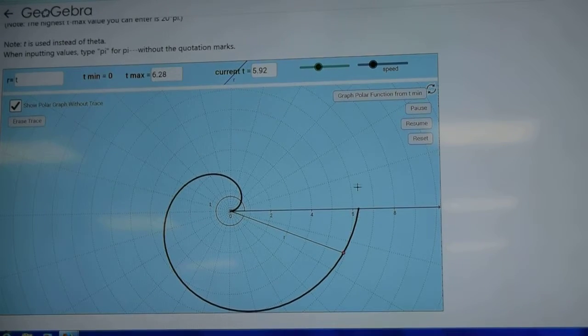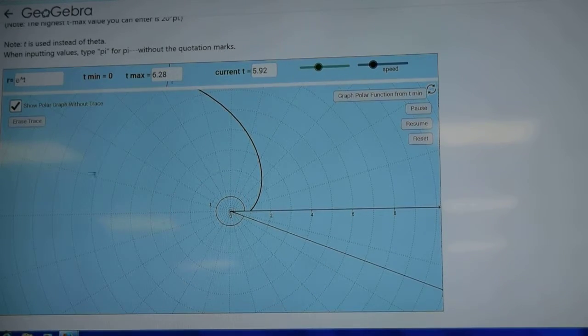So it will become a spiral. And another thing is, if you had exponential function of t, that also increases, right? So that also gives you a spiral. If you put negative t, it will be going the opposite.